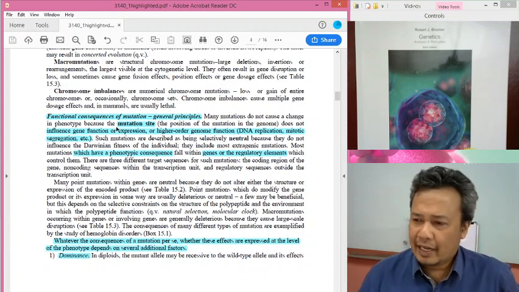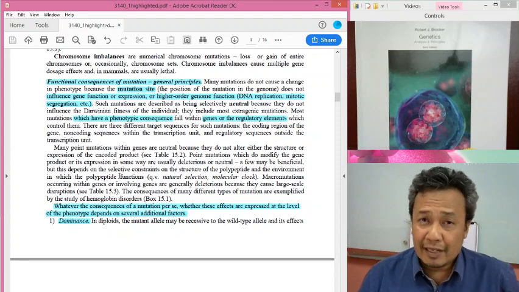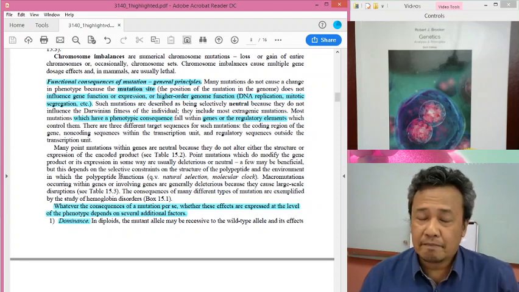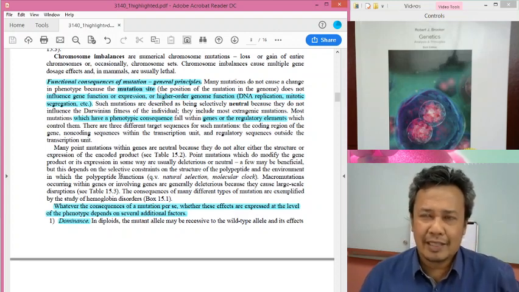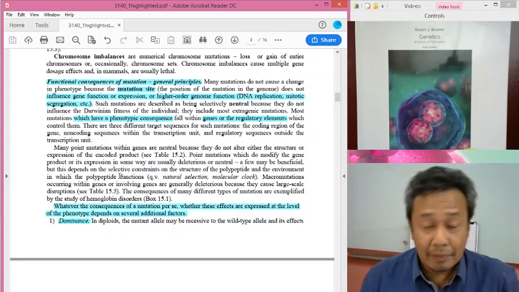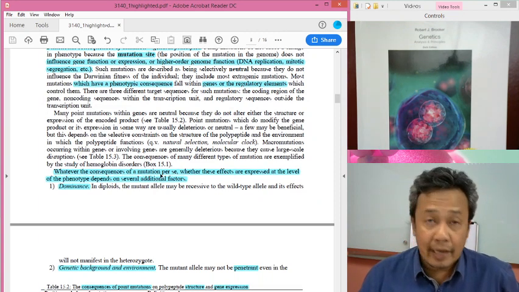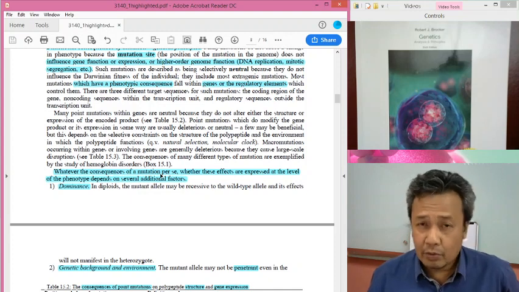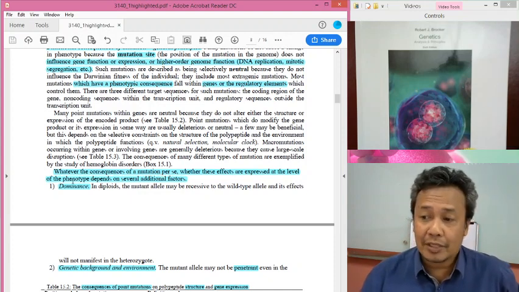So basically, even if you have mutations on gene-related sequences, you still are not sure that it's actually going to have an effect, because this sentence says whatever the consequence of mutation per se, whether it's in the genome, coding sequence or not coding sequence, and whether these effects are expressed at the level of phenotype.